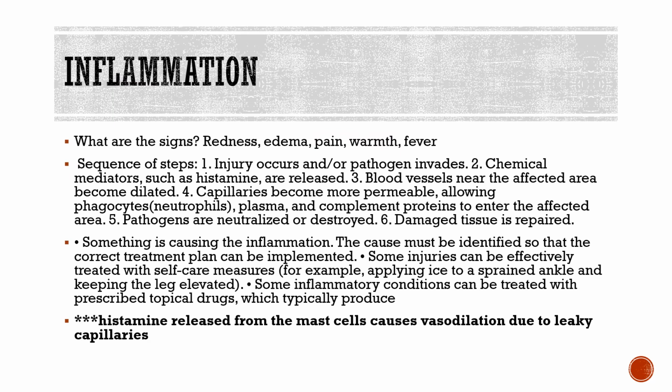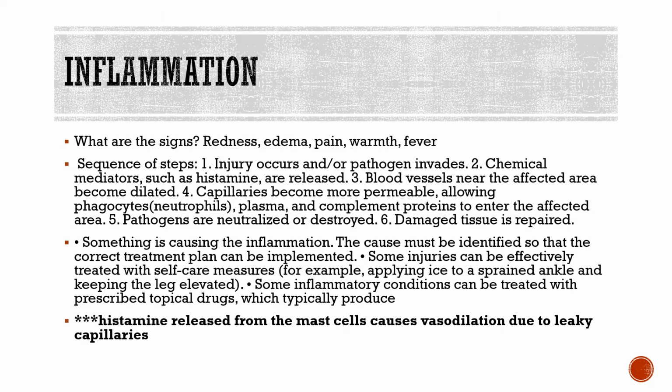Okay, so I kind of already alluded to this process in the last slide, but this is the actual sequence of events that happens in an inflammatory response. It goes through these pathways almost every time. And it's when we see things like the injury occurs, we see the chemical mediators, histamine that's released from the mast cells, causes the vasodilation to start to occur.